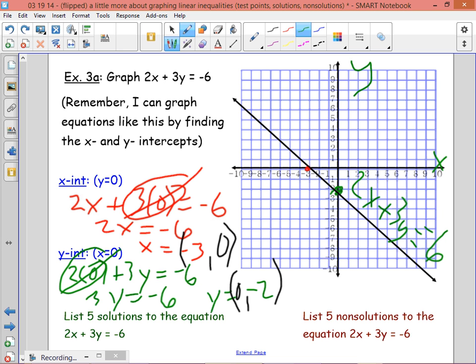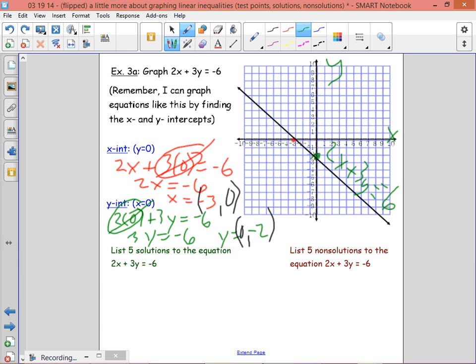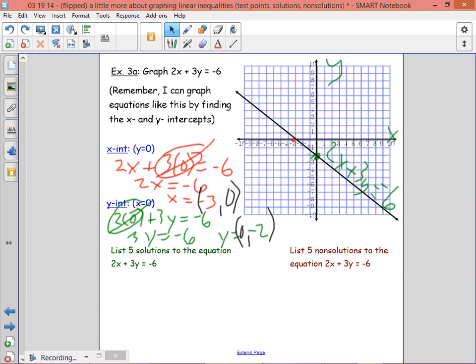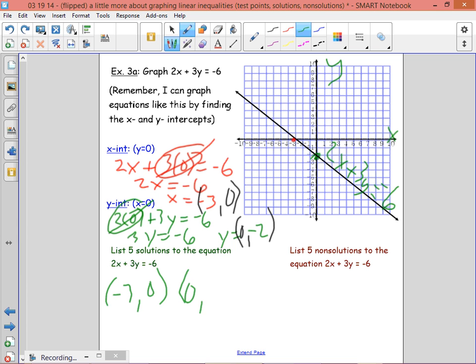And if I want to talk about 5 solutions to the equation, 5 solutions that are not on the equation, all I have to do is look for 5 points that are on this line, which means I need to make my line a little bit more perfect. Right there. So clearly, 2 solutions are the points I just found: (-3, 0) and (0, -2).